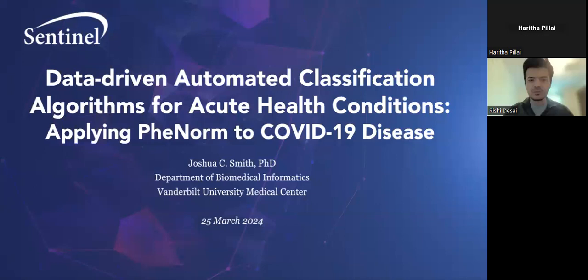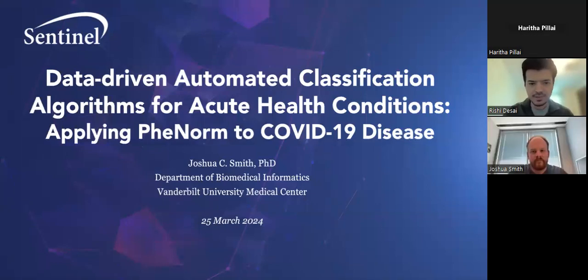With that, I'm really pleased to introduce today's speaker, Dr. Josh Smith. Dr. Smith is an assistant professor of biomedical informatics at Vanderbilt University Medical Center. He earned his bachelor's degree in computer science and mathematics from Murray State University, a master's in computer science from the University of Illinois at Urbana-Champaign, and PhD from Vanderbilt. His primary research interests lie at the intersection of data science and patient safety, specifically in using large natural language processing and data mining on unstructured EHR data for pharmacovigilance, knowledge discovery, and clinical decision support.